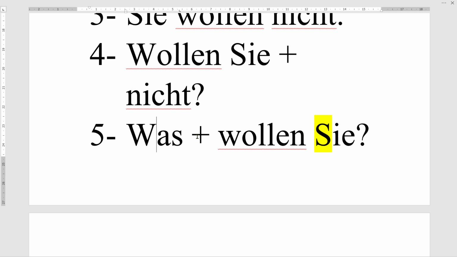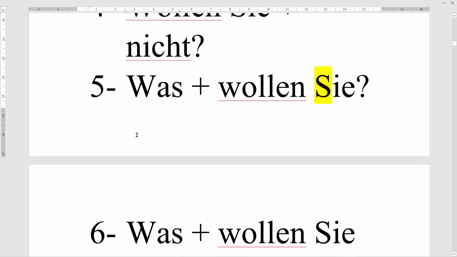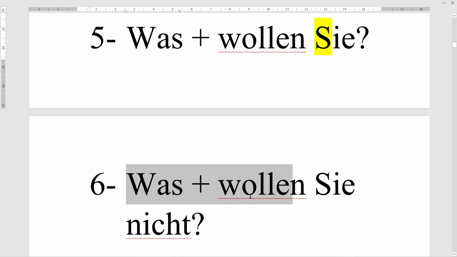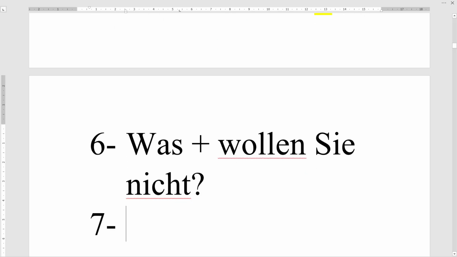This is just an auxiliary verb you need to memorize in advance if you want to talk in English. So here there is no auxiliary. Basically, you would say was wollen Sie means what do you want? Now, what don't you want is was wollen Sie nicht? We could make a lot of sentences out of this.